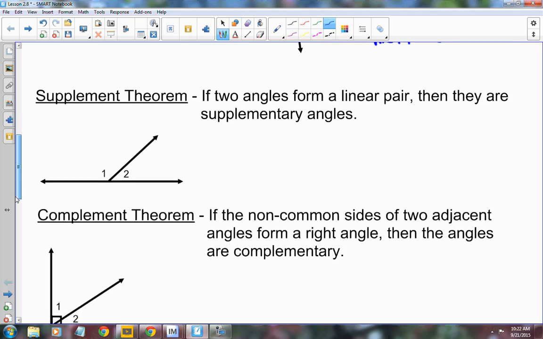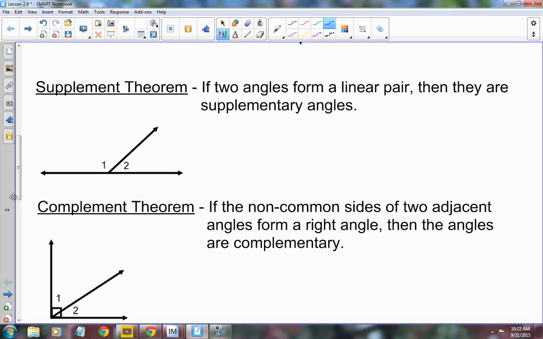All right, now, our next theorem is called the supplement theorem. And it says that if two angles form a linear pair, then they are supplementary angles. Okay, so let's say you get to a proof and you notice here that you have got a linear pair. You can say that angle 1 and angle 2 are a linear pair, and I can get that from the definition of linear pair.